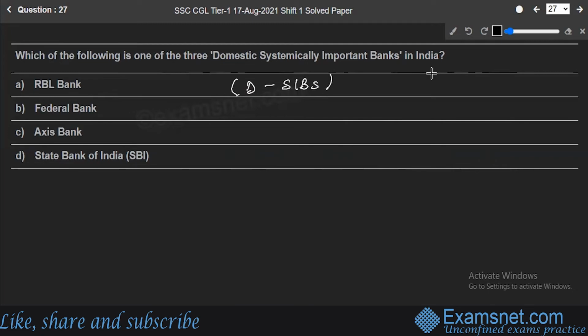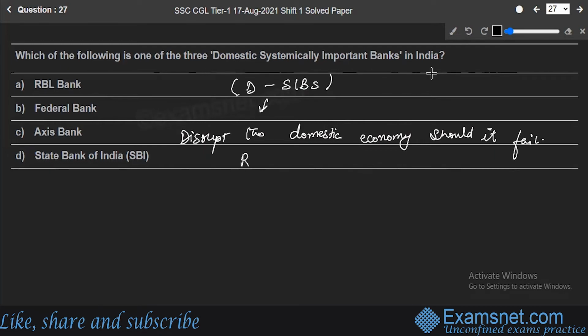A domestically systematically important bank is a bank that could disrupt the domestic economy should it fail.